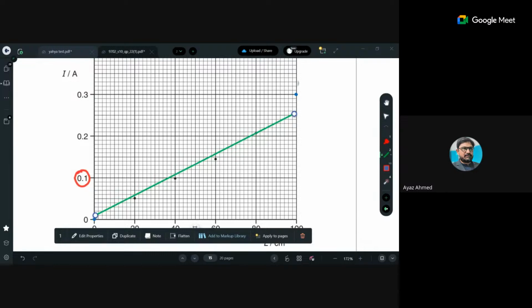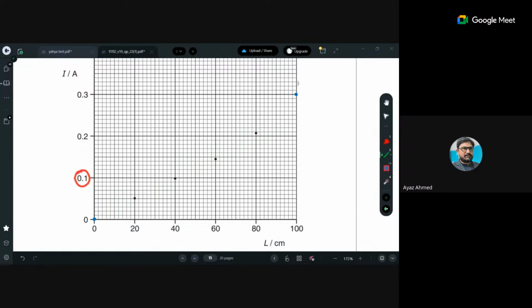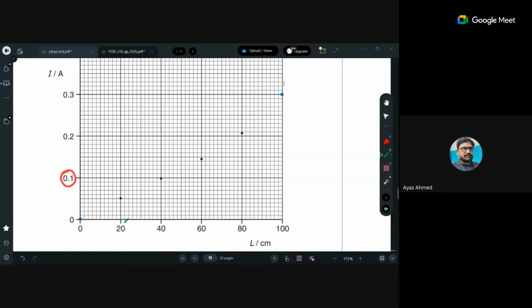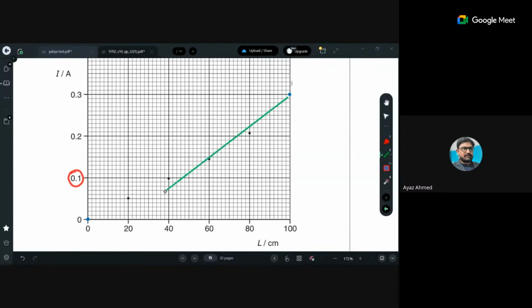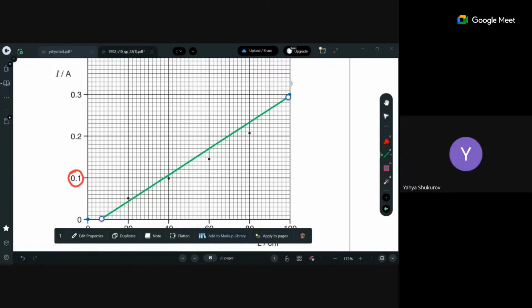And one more thing, why are we drawing a forced line of best fit? Yes, the points are close enough. So it is not mandatory to pass it through the origin. Almost this one.